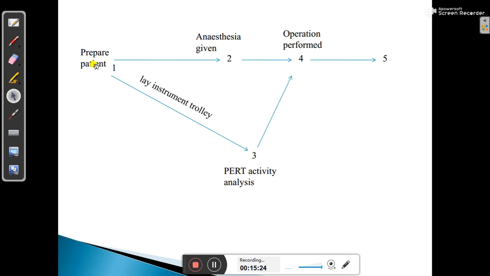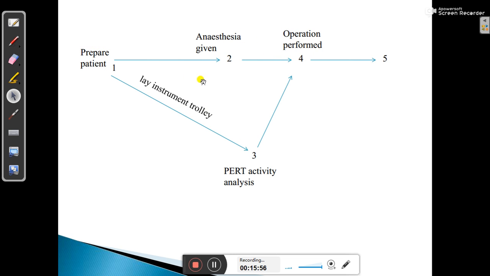Here, prepare patient is the first step. Second, you can directly go for anesthesia given, and in parallel you can go for laying the instrument trolley. That is another path from step one. Then in the fourth step, the operation is performed. The instrument trolley can also be laid from this point.